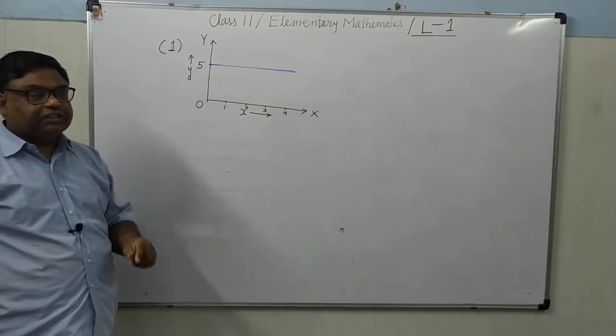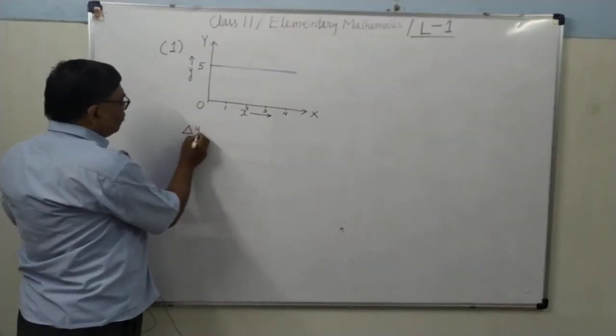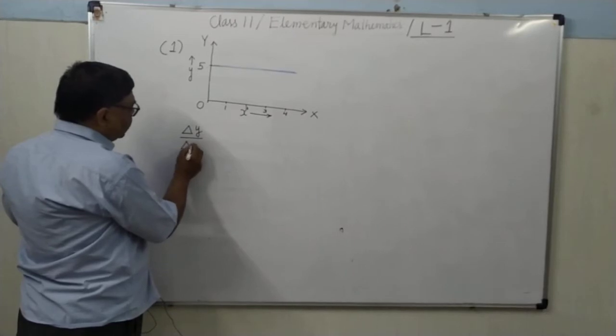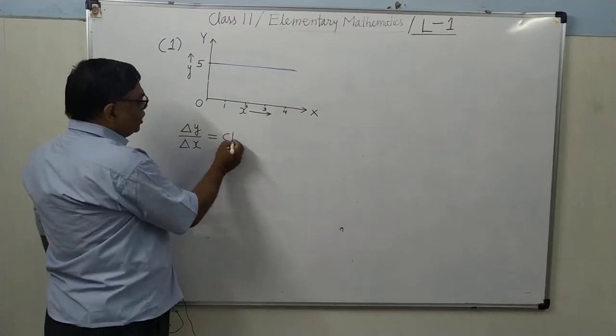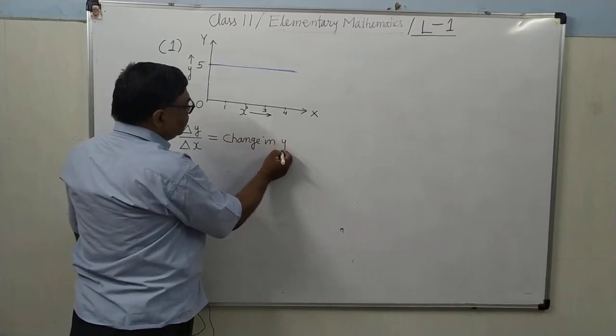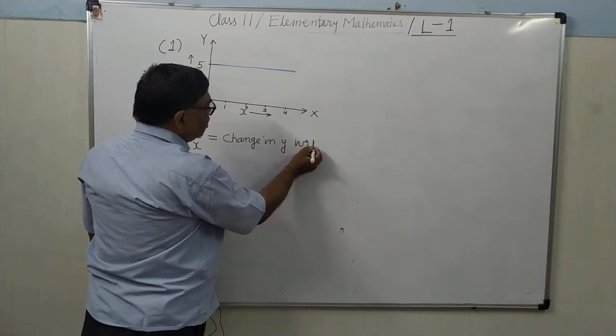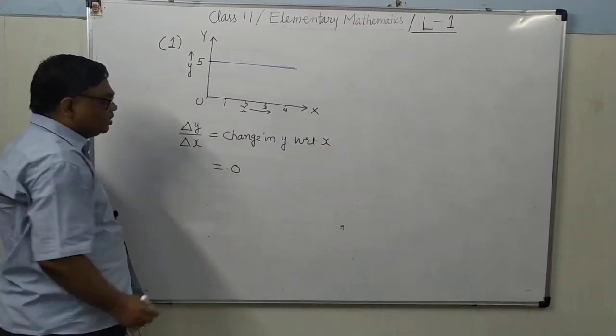Change in y with respect to x is represented by delta y upon delta x. It means change in y with respect to x. That thing is 0. Is it clear? This is 0.